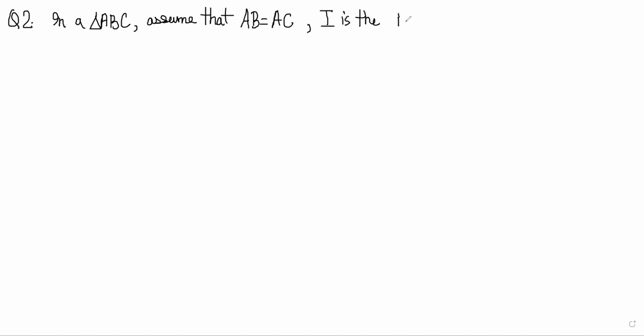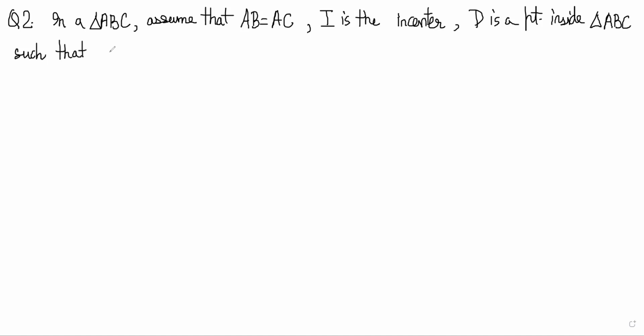This question says, in a triangle ABC, assume that AB is equal to AC. I is the incenter. D is a point inside triangle ABC such that IBCD are concyclic.